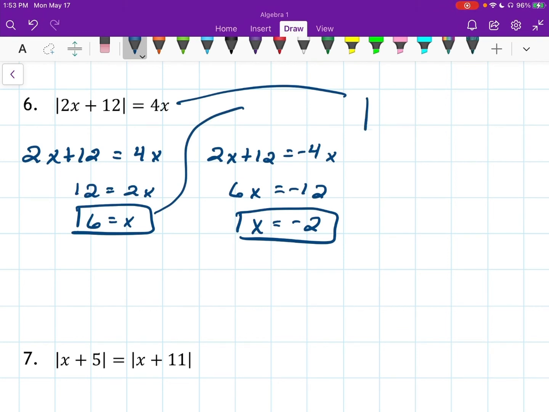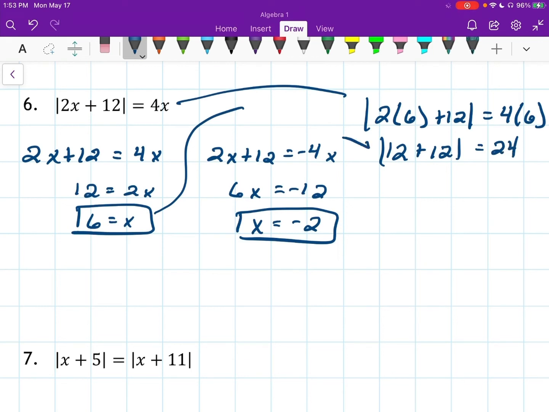So we'll have absolute value of 2 times 6, plain old 6, plus 12 is 4 times 6. Well, 2 times 6 is going to be 12, plus 12 equals 24. Well, that's good.